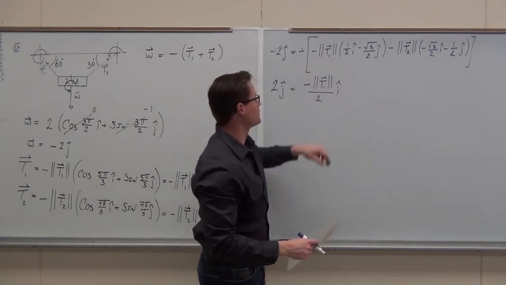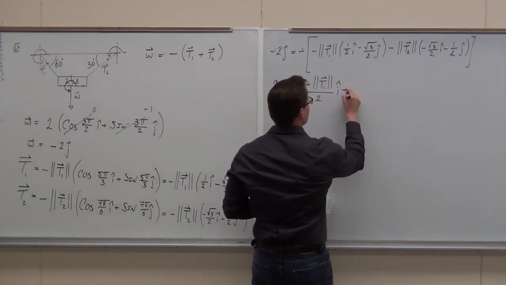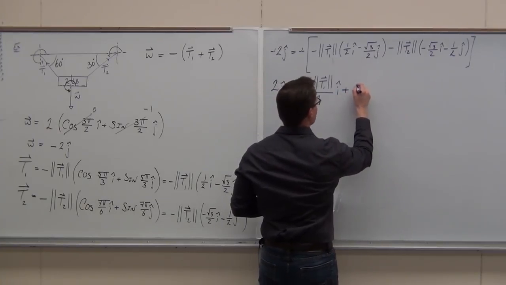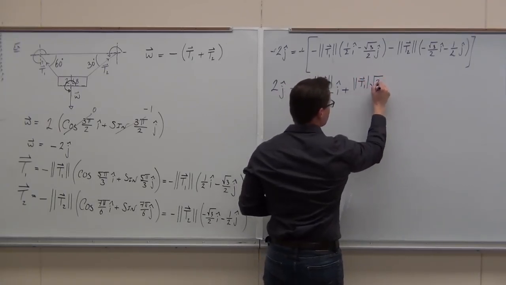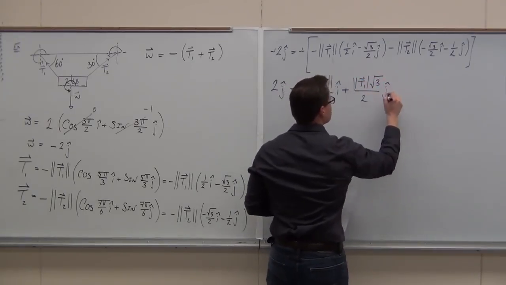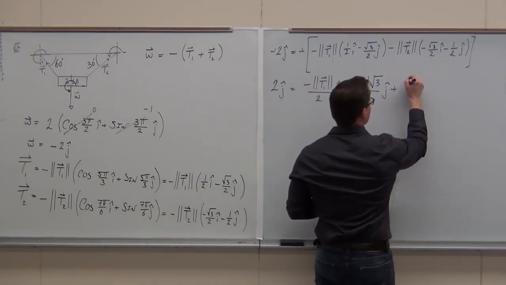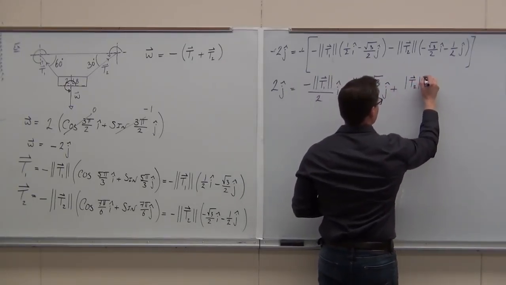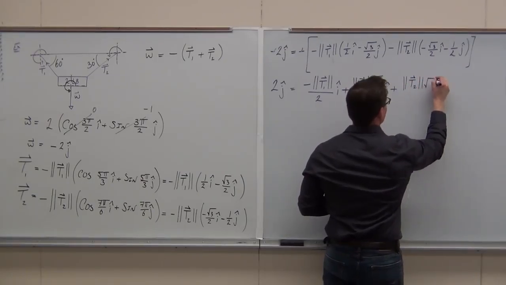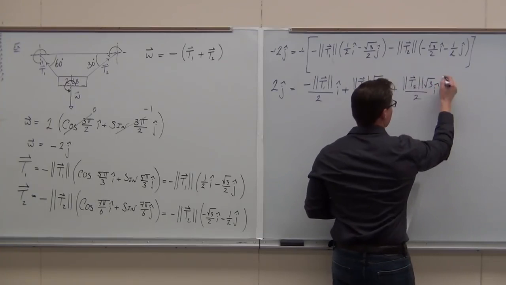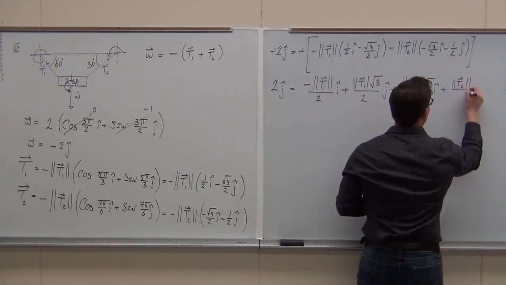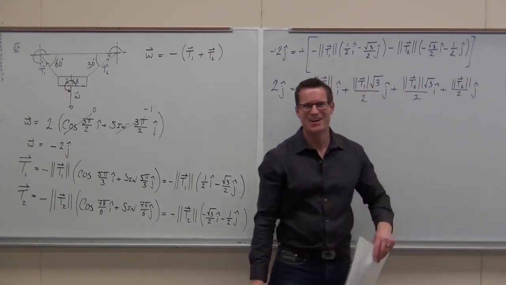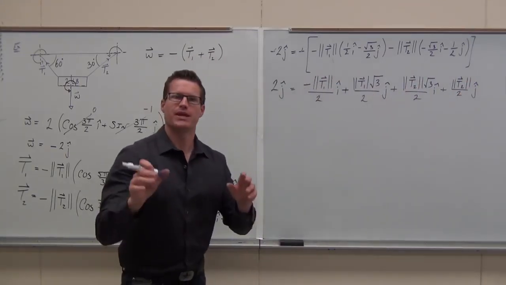This distributes, we get negative magnitude t1 over 2 plus this thing, j, plus magnitude i plus magnitude. Super fun. Awesome. Oh, that sucks. That's nasty. Can you follow the algebra?